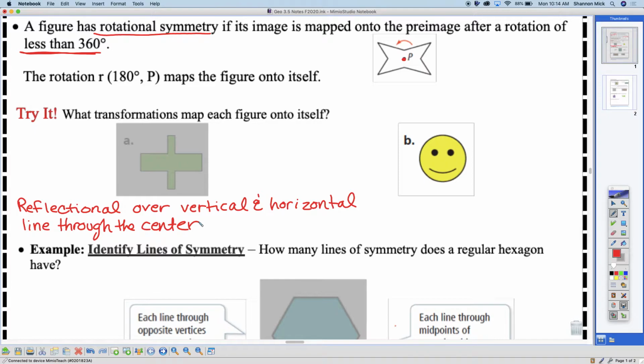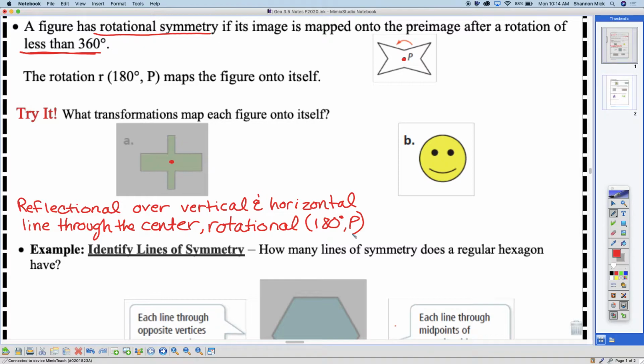Okay, what about rotational? How many degrees do I have to rotate it before it's back on itself? 180. Okay, so I have then rotational 180 about P, and P is where?